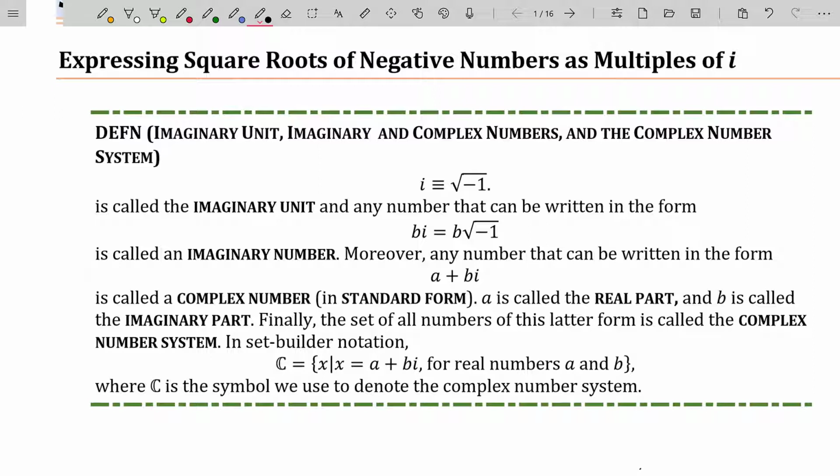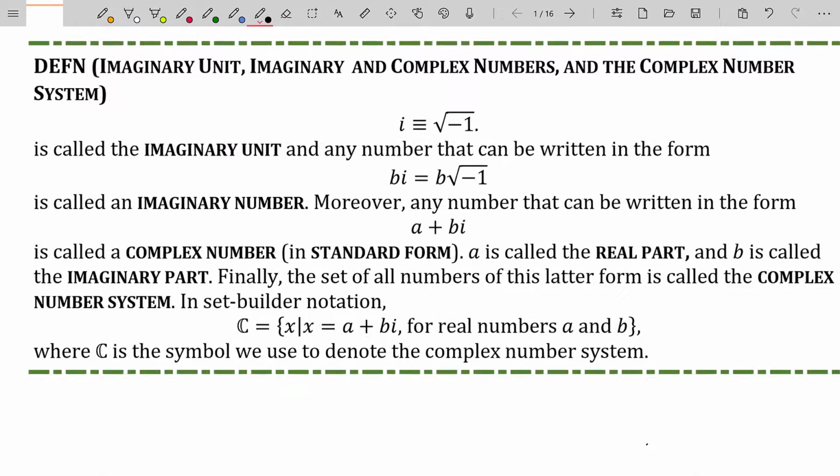So this topic specifically is just expressing square roots of negative numbers as multiples of some magical number i. Let's define that. I'm going to use a highlighter here. i is defined to be the square root of -1. Now, we were taught for many years that the square root of -1 doesn't exist. However, it does exist.